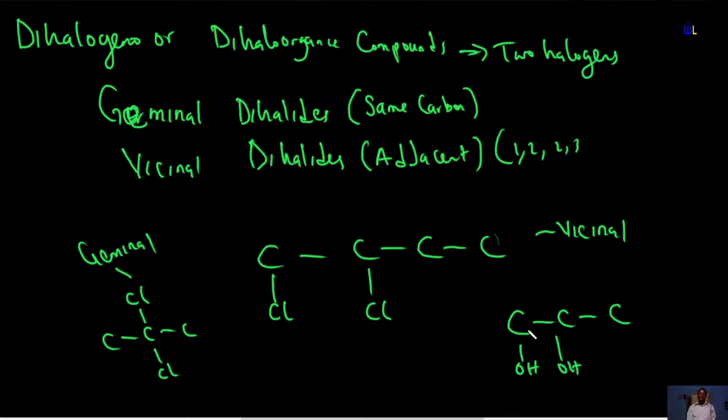If I say geminal diol, it means I have an alcohol in which the two hydroxyl groups are existing on the same carbon atom. So just have that in mind. The term geminal dihalide indicates same carbon, while vicinal dihalide indicates adjacent. It also applies to alcohol. So just have that in mind as we are going further.